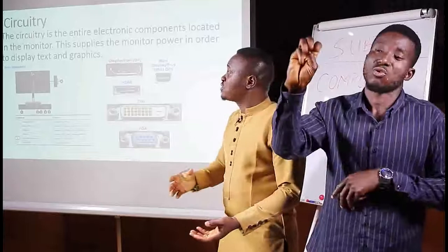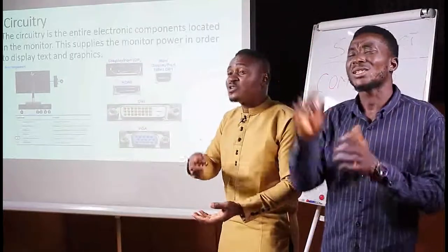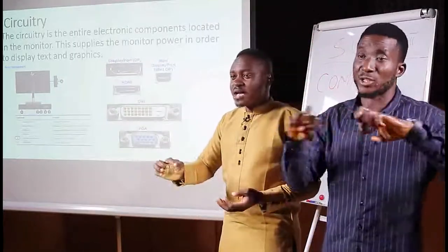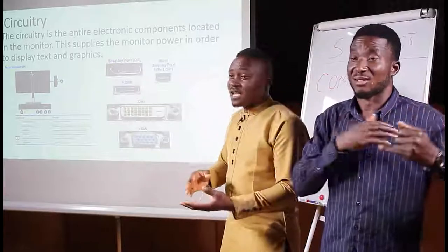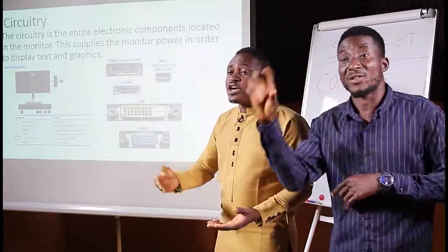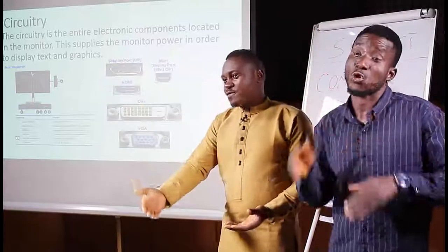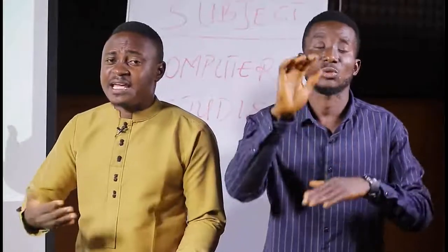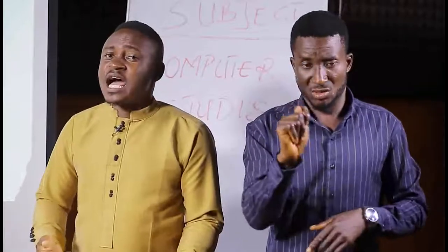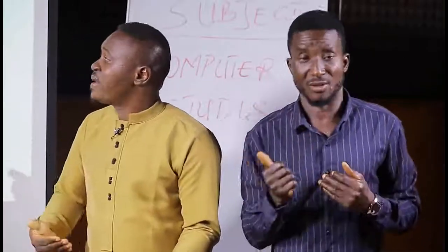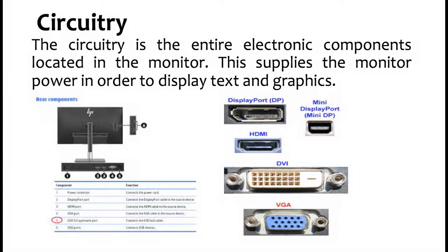So we have the circuitry. This circuitry is an enclosure of electronic wires and electronic devices that gives life to your monitor. And likewise on your circuitry behind your monitor, we have other slots like the HDMI slots, ports, let me call them ports.